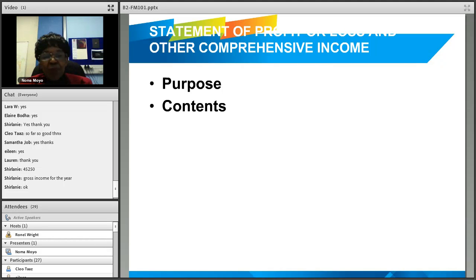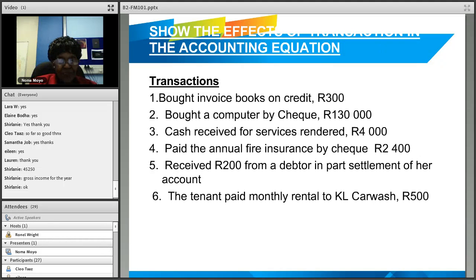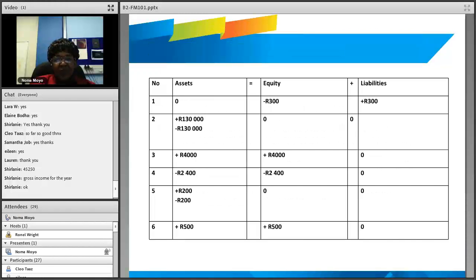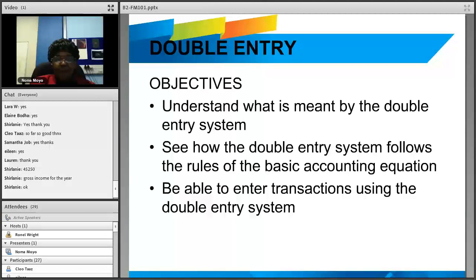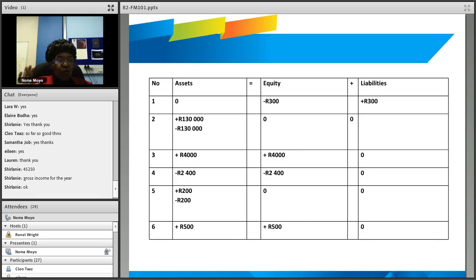Now, the purpose of the comprehensive income statement is for us to know whether our business is running at a profit or running at a loss. We have done this already. Now, is there any question on how our comprehensive income statement looks like, how our balance sheet looks like?